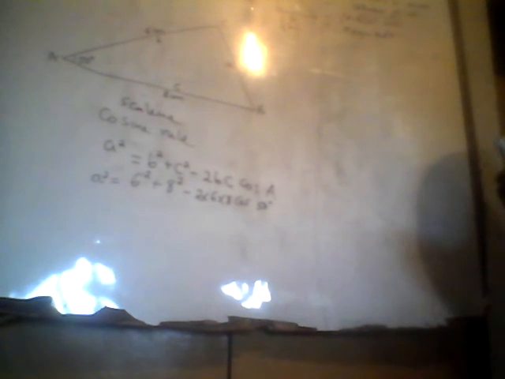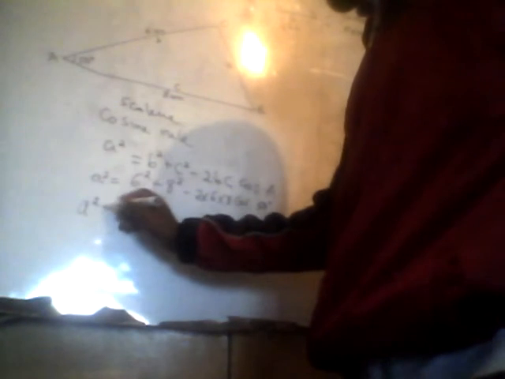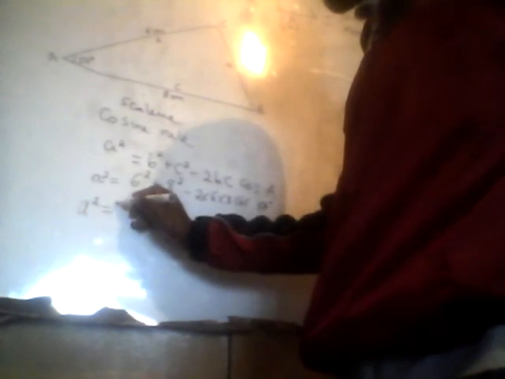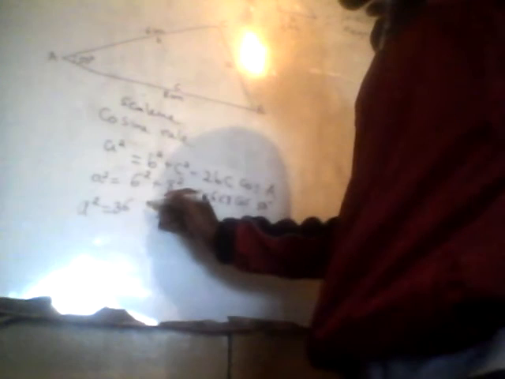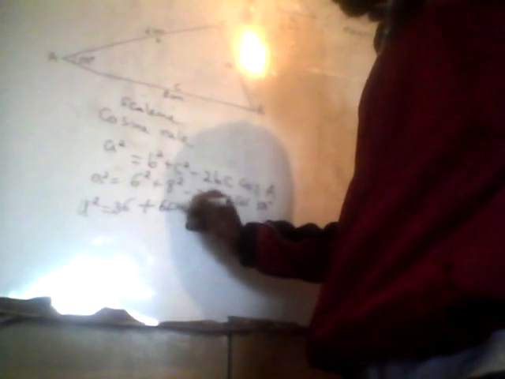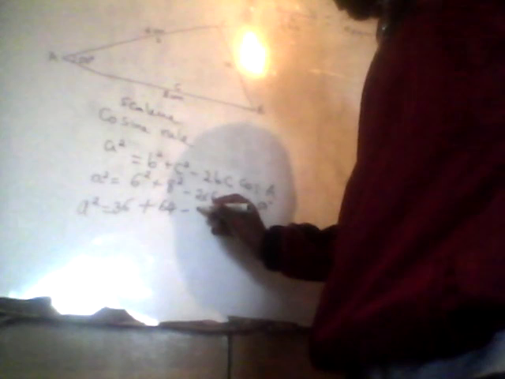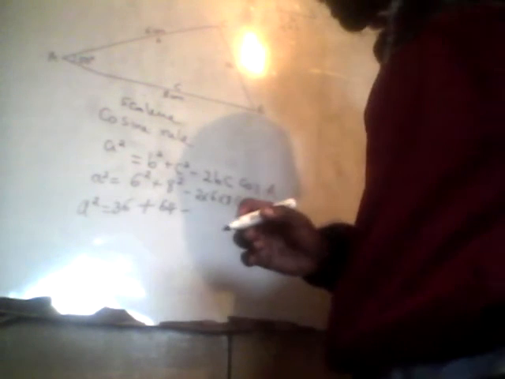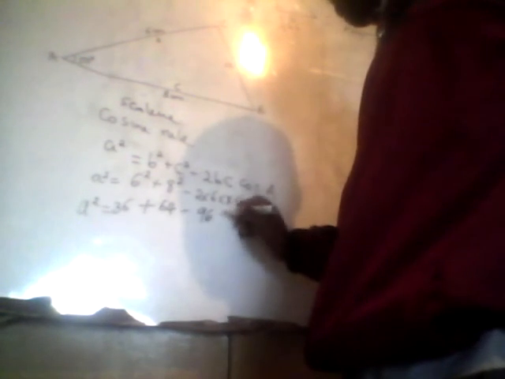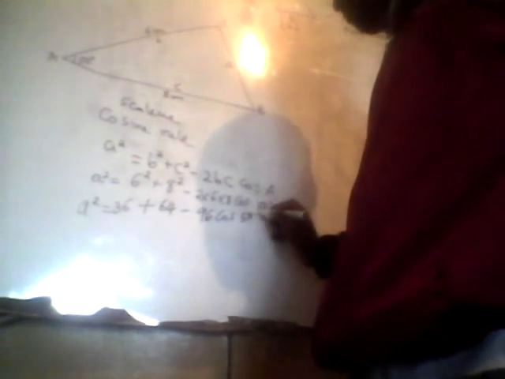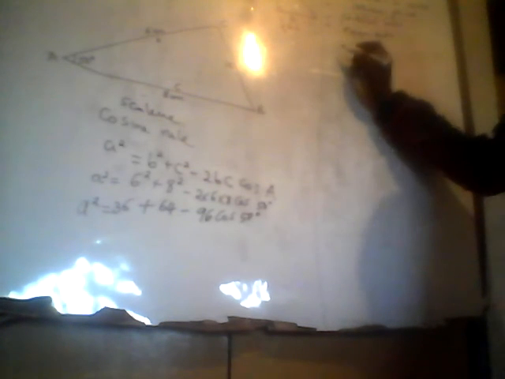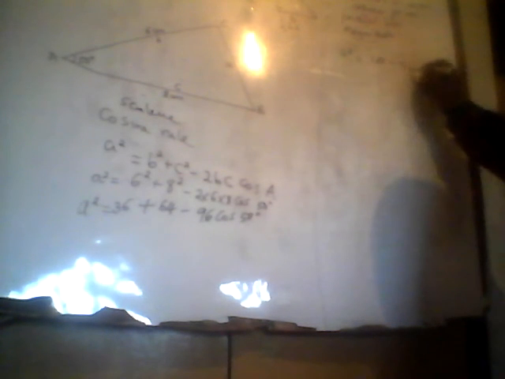Okay? Now, after that, you have A squared is equal to 6 squared, that is 36, plus 8 squared, that is 64, minus 2 times 6 times 8, that is 96 cos 50. Any question? Then we will have A squared is equal to 100 minus 96 cos 50 degrees.